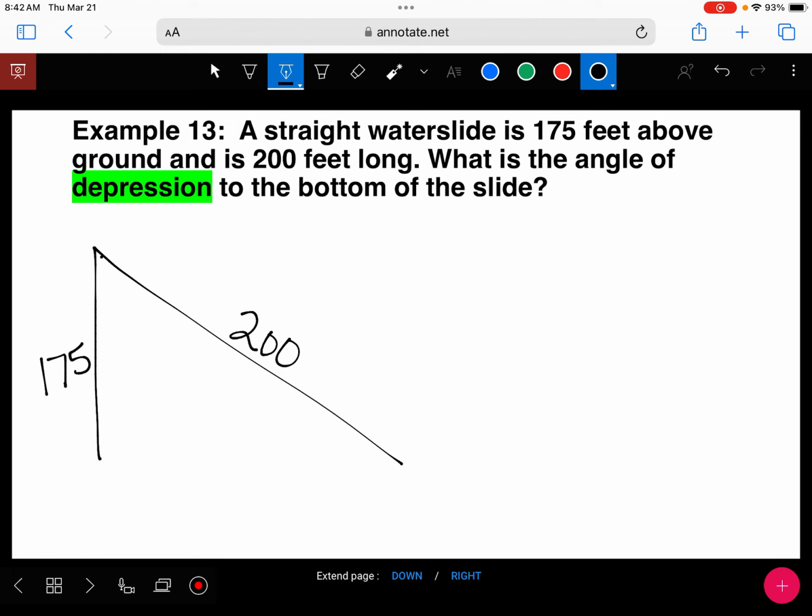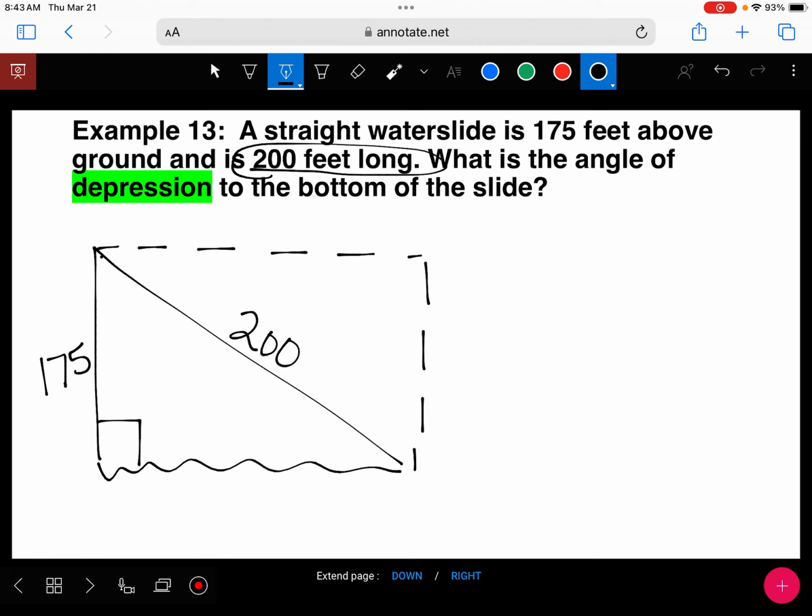Okay. So it's 175 feet above the ground. So this is the ground, right? Got the ground. So the height is 175 feet. But the slide itself is 200 feet long. What is the angle of depression? So remember, angle of depression is always outside of the triangle.